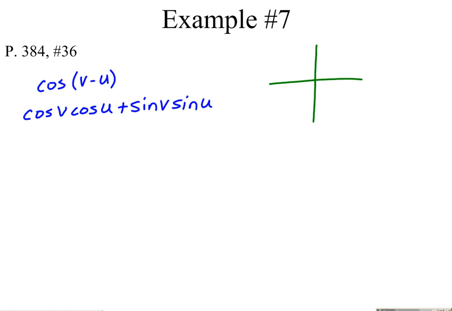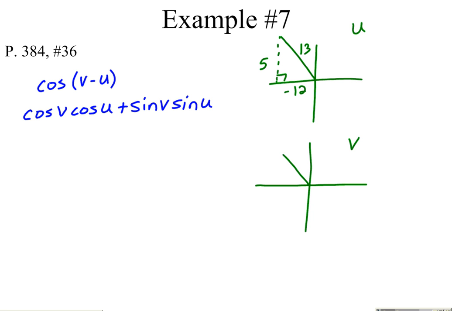You're given the different angles V and U. Let's draw a reference triangle first for angle U, and for angle V. Once we have those reference triangles, plug into our formula. Cosine of V is adjacent over hypotenuse, that's negative 3/5. Cosine of U, adjacent over hypotenuse, negative 12/13.